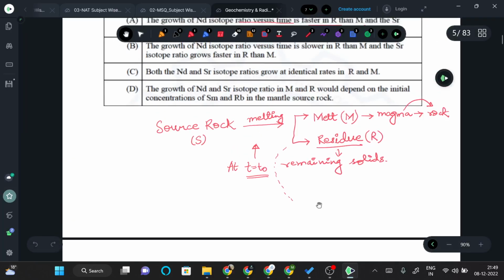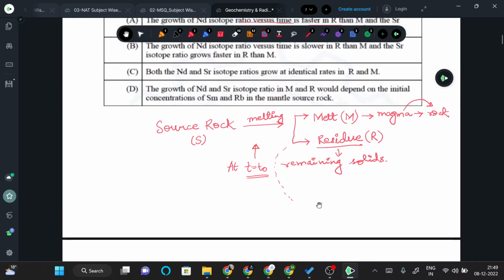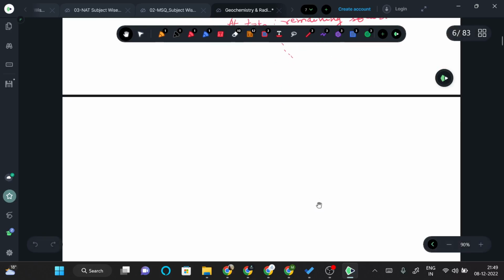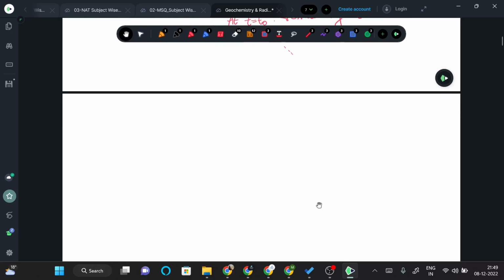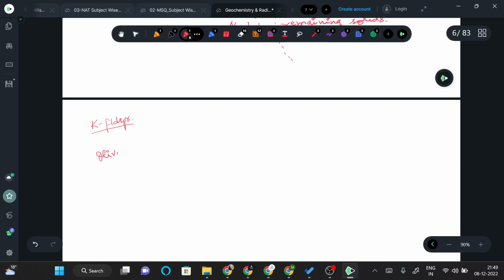So in basic terms, if we talk about incompatible and compatible elements, in a crystal structure in any mineral, let's take two examples, K feldspar and olivine.